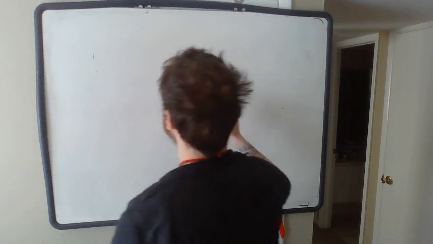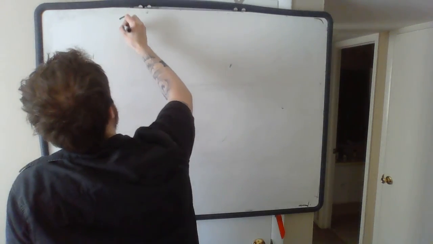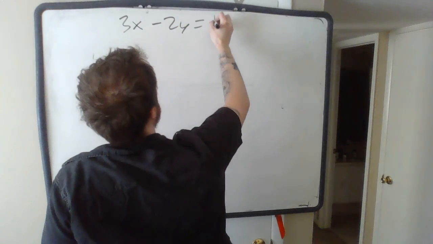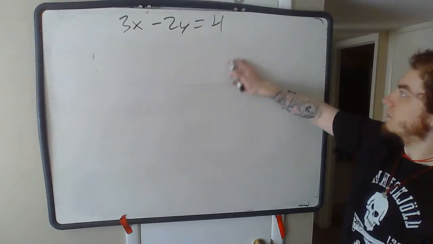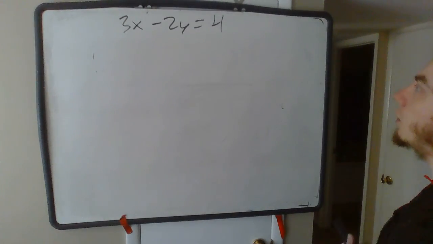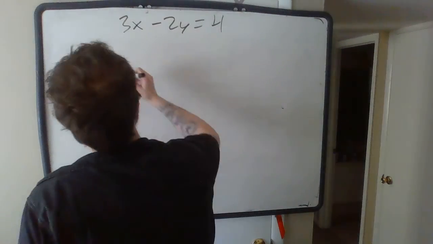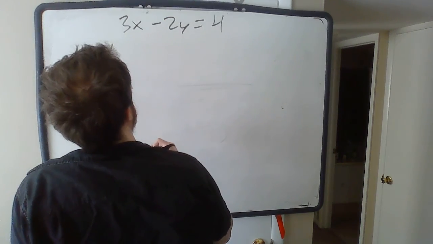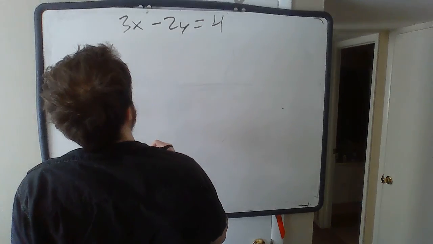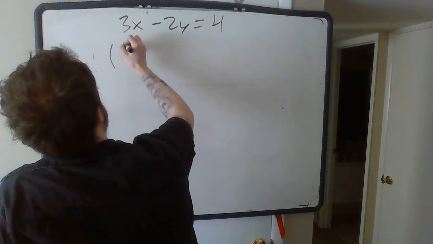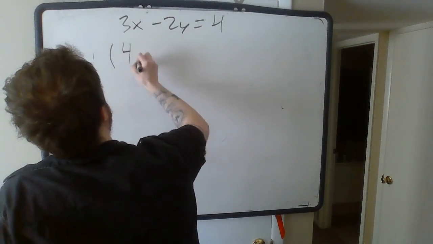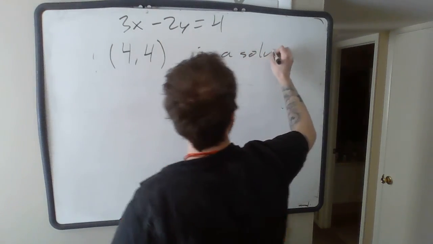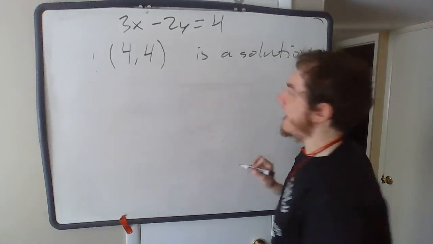If I gave you the equation 3x minus 2y is equal to 4, the pair of values 4, 4 is going to be a solution.